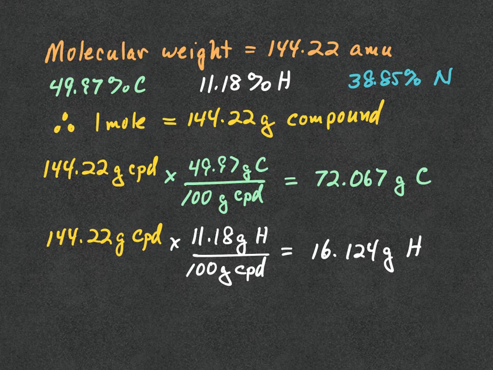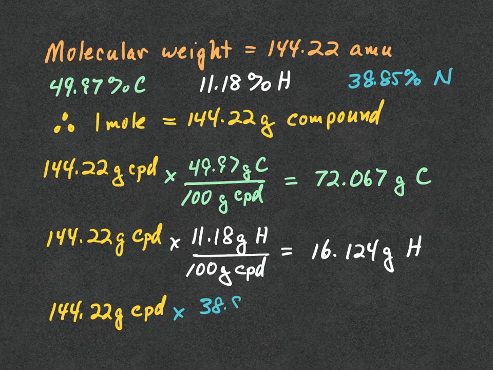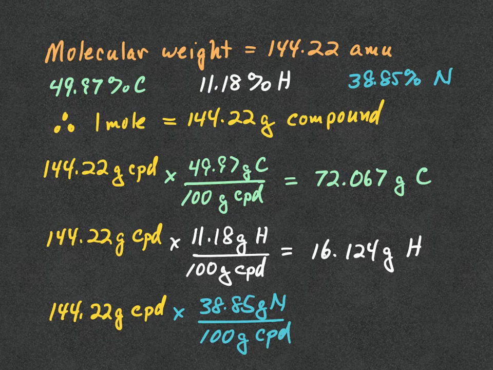Right? And again, if we start with the same mole of compound, which is 144.22 grams, right? Then we have 38.85 grams of nitrogen in 100 grams of the compound. And so we have 56.029 grams of nitrogen.